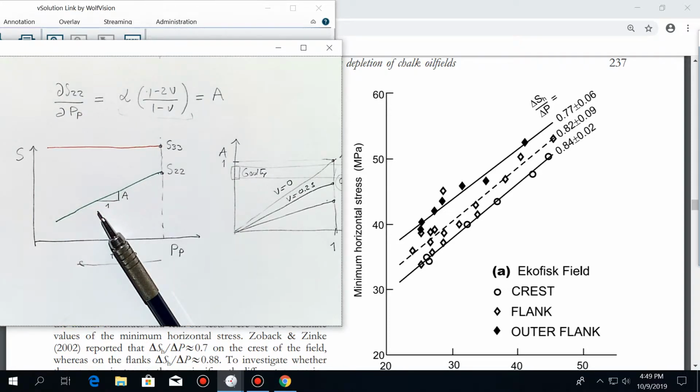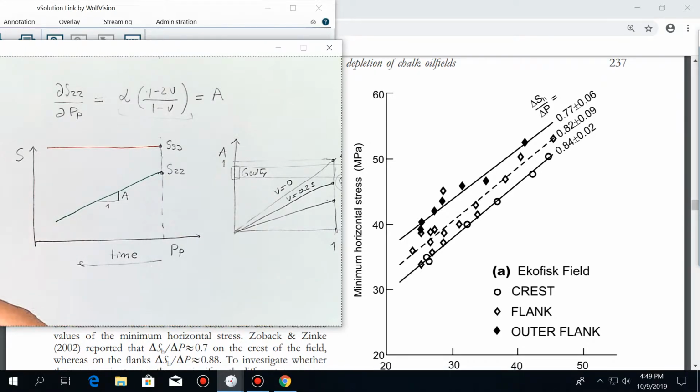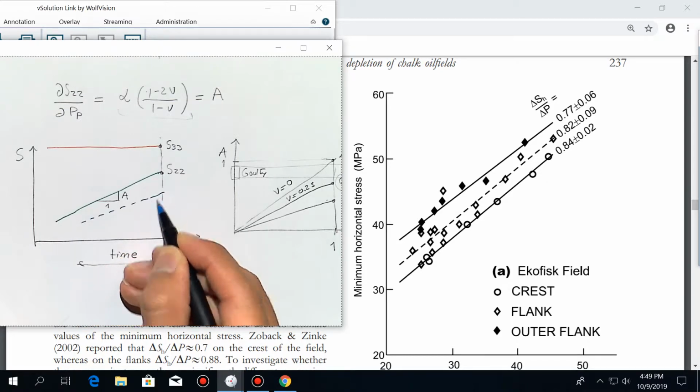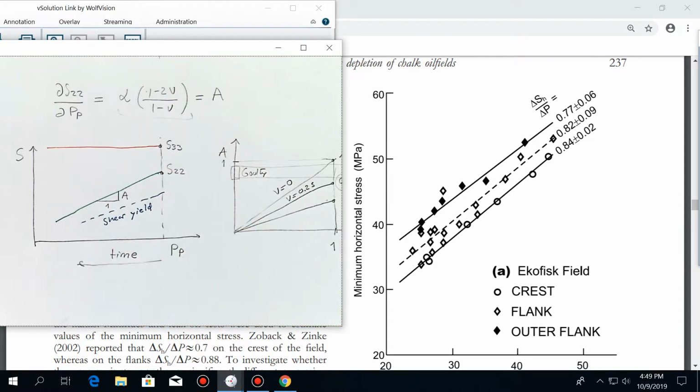Okay, so those are some of the consequences, but there is another consequence that is still under discussion, but I think sometimes it can happen. If sometimes your horizontal stress goes down too quickly, if the A is too large, sometimes you can hit inside the reservoir the limit for shear failure.